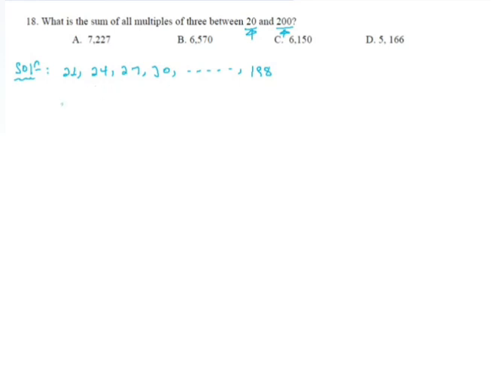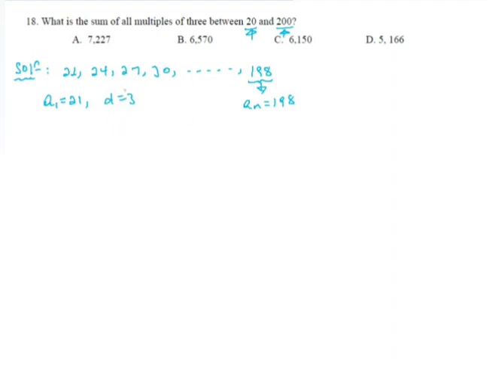So you can assume a1, the first term, is 21, the second term is 24, the common difference is 3, and the last term, say an, is 198. Okay, so we don't know how many terms there are.